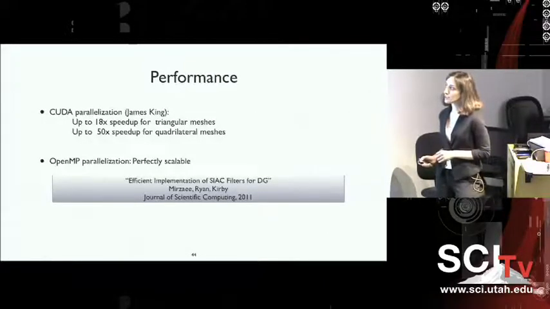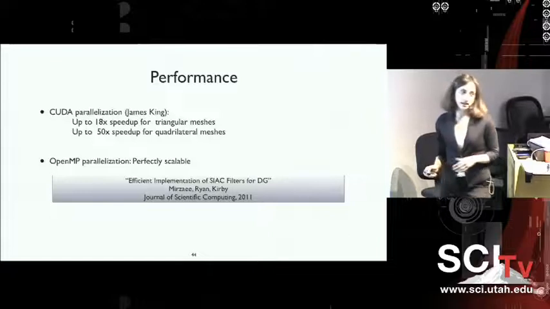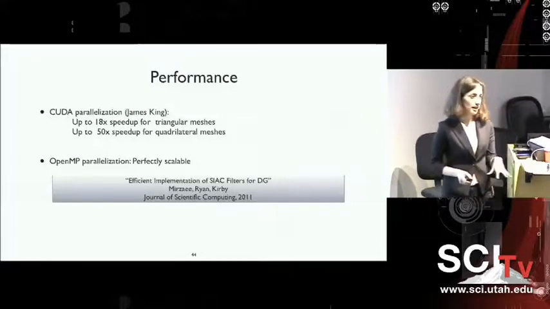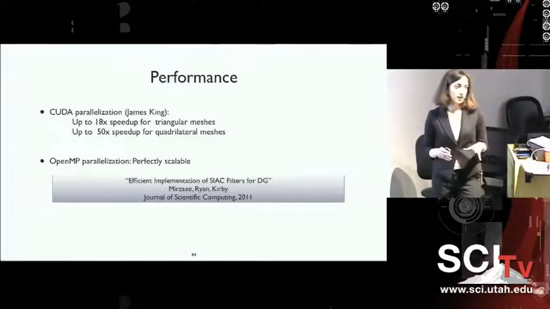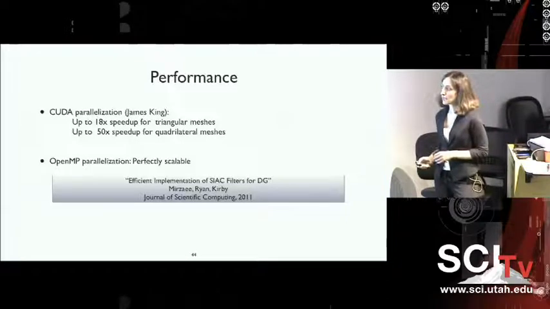And for quadrilateral meshes, we observed up to 50 times the speedup. It's a perfect candidate for parallelization because, as you might have noticed by now, post-processing each point is totally independent of the other points. We also observe perfect linear scaling using OpenMP parallelization. The details of the algorithms are provided in this published journal article.